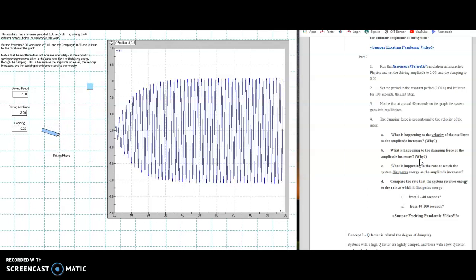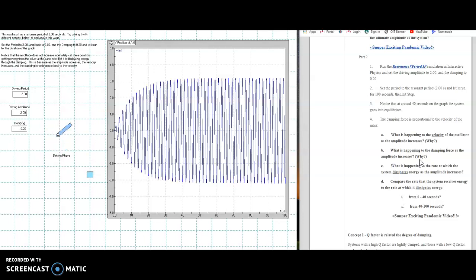What is happening to the rate at which the system dissipates energy as the amplitude increases? Well, if the force is bigger, then it seems like we're exerting a bigger force, so we're doing more work per cycle. So it seems like we're dissipating energy more quickly, right?